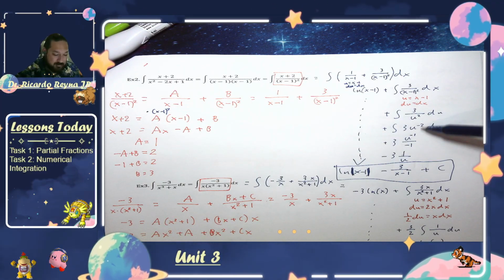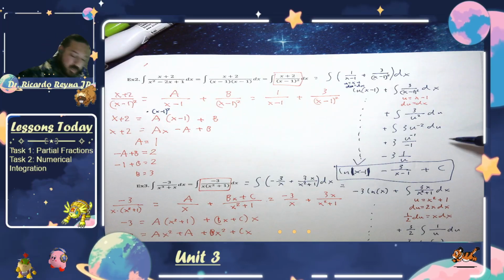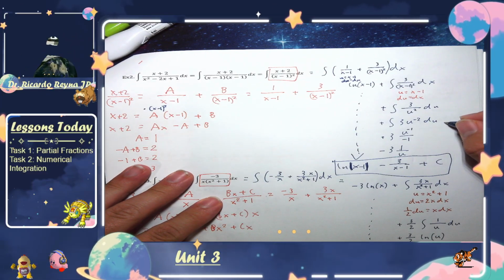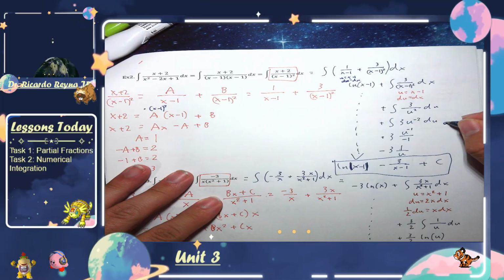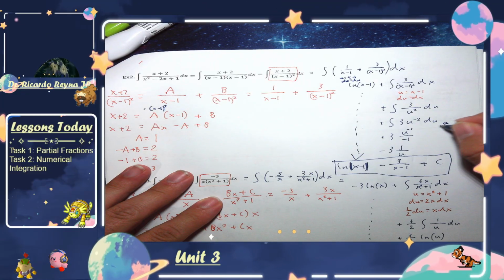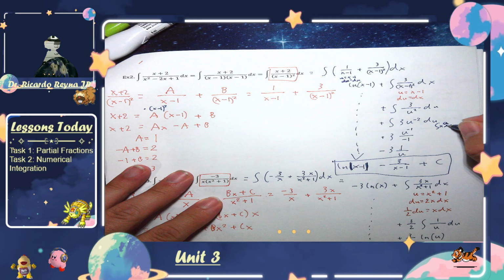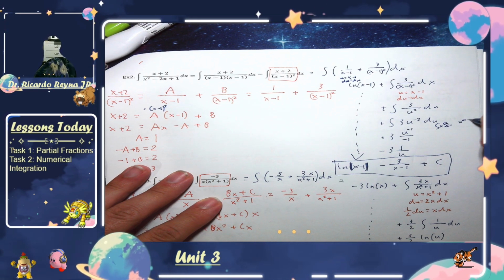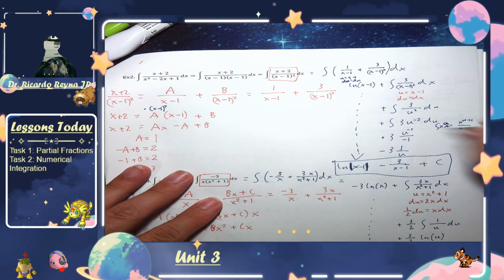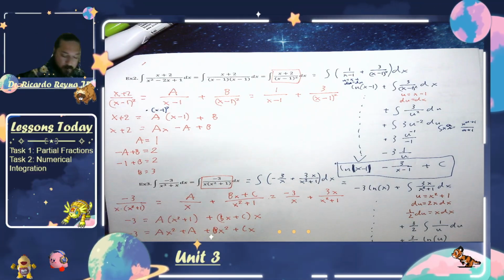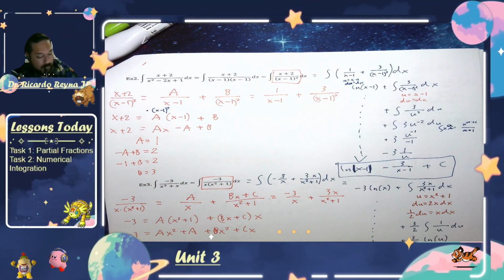So negative 2 plus 1 is negative 1. This will simplify into negative 3 times 1 over u, which if we plug u back in and tidy this up a little bit, we'll get x minus 1.